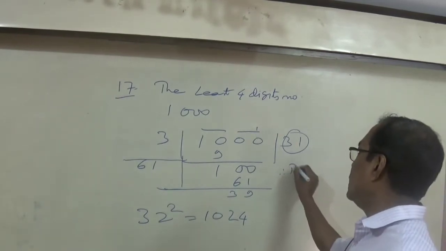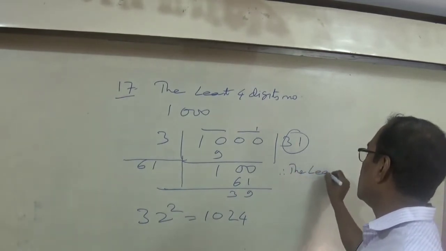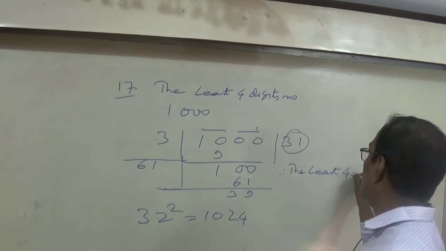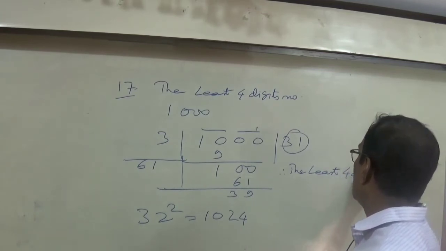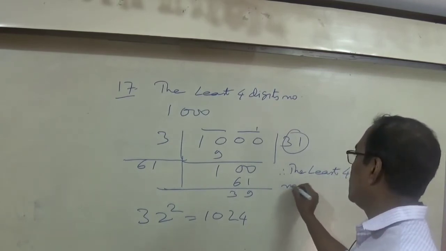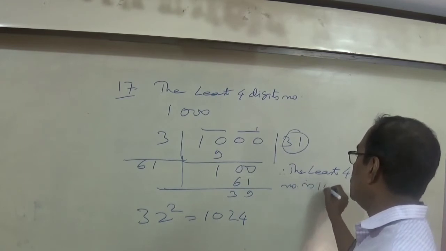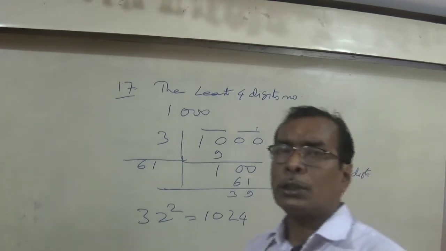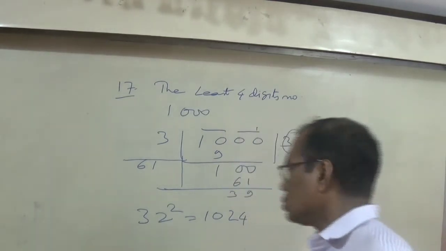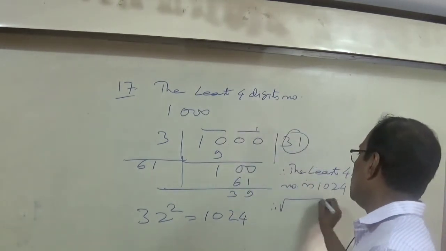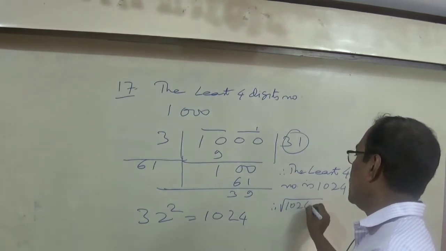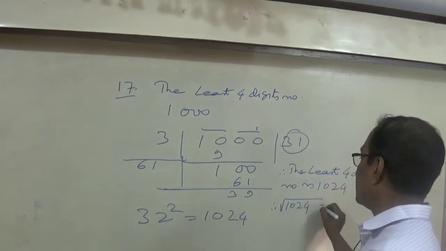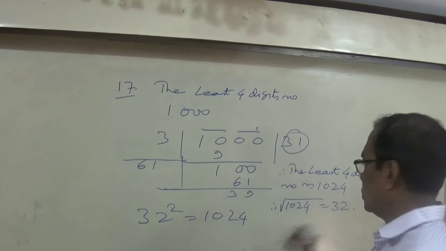Therefore, the least 4 digits number is 1024. Now they are asking what will be the square root of that number. The square root of 1024 is nothing but 32, as I have done here.